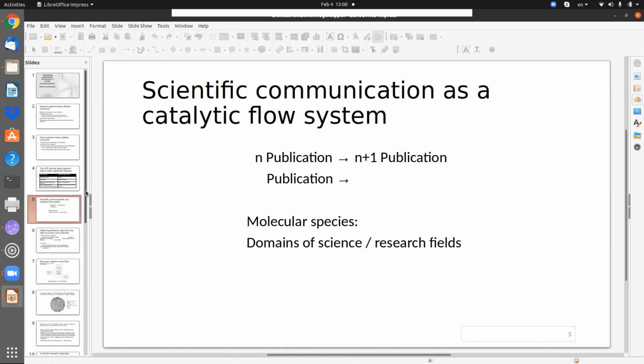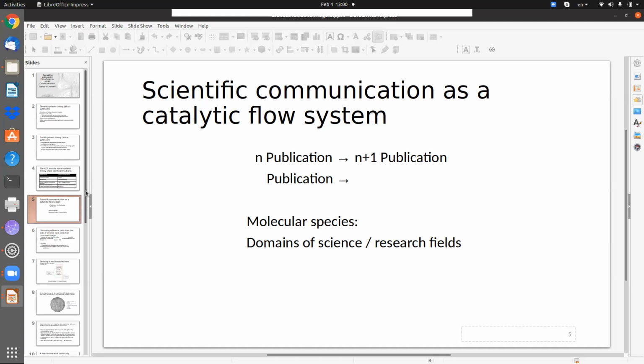Eventually most publications are not going to be cited anymore, not going to be read anymore, because they are just not interesting anymore, outdated, falsified, or whatever.